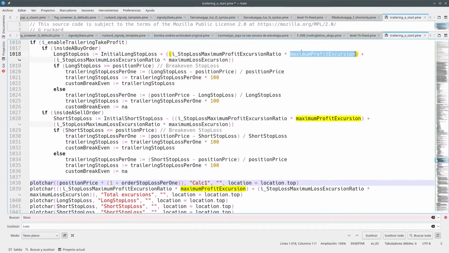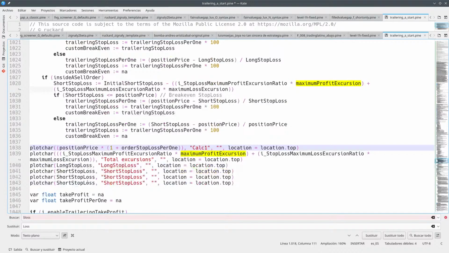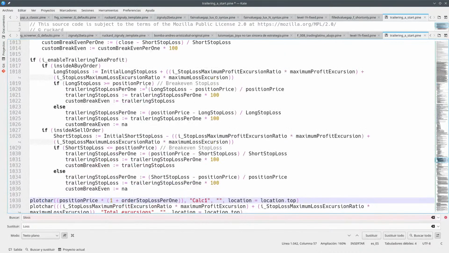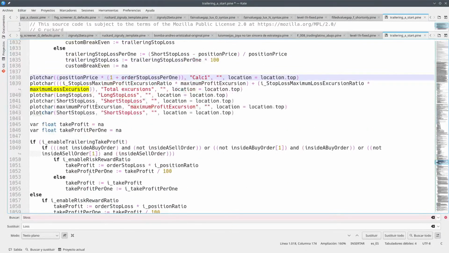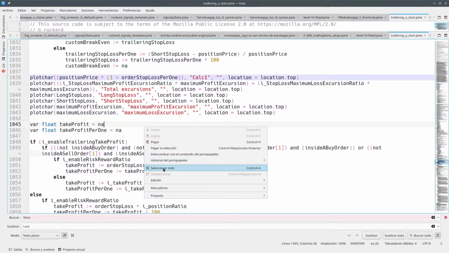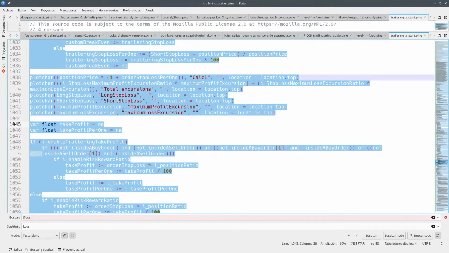Maximum profit excursion. And the other one is maximum loss excursion. So here you are. Nice.